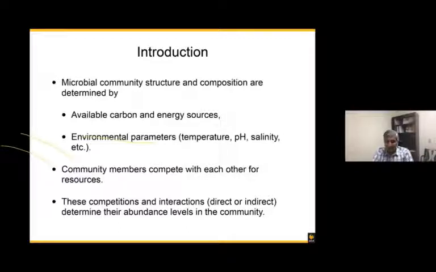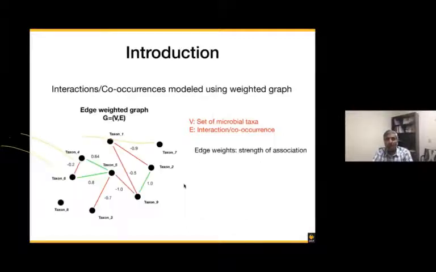Now you can think of this whole idea of interactions and associations as something you can model using a simple graph, where the nodes represent microbial taxa, which could be computed at different taxonomic levels, say genus, species, or whatever. For our purpose, we'll talk about microbial taxa at the species level. So each node in the graph is a bacterial species, and the edges represent associations.